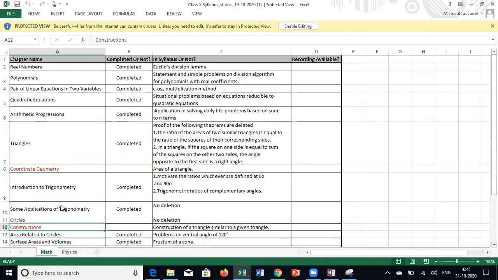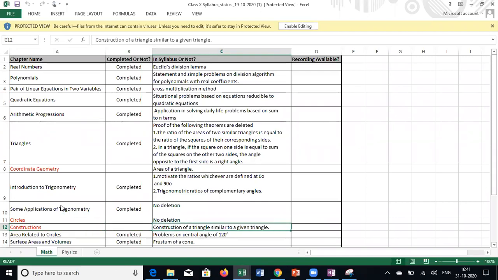Next topic we will do the circles. It will take hardly 1 class, and constructions we'll see how to do. Constructions is a little bit challenging. Let's see how you did in the class, guys. Constructions, they didn't teach till now, sir.